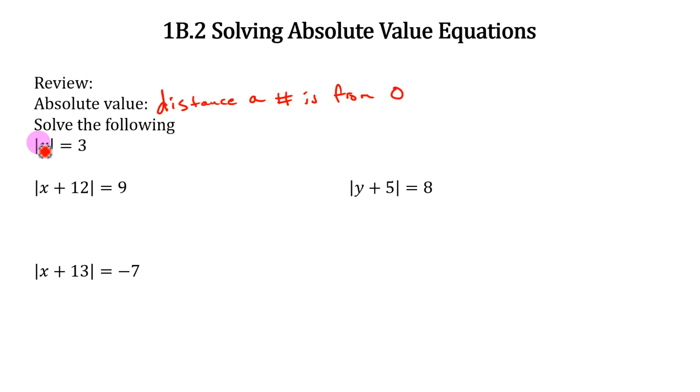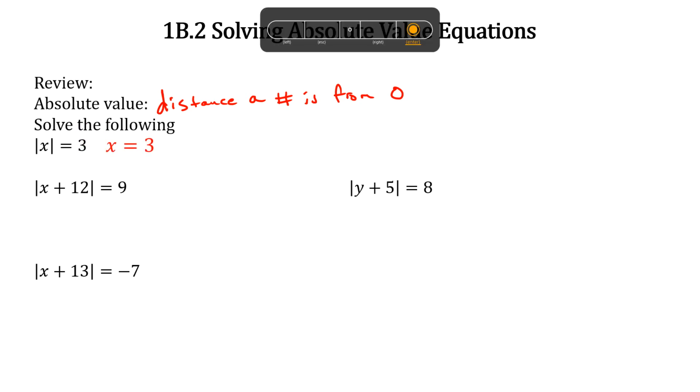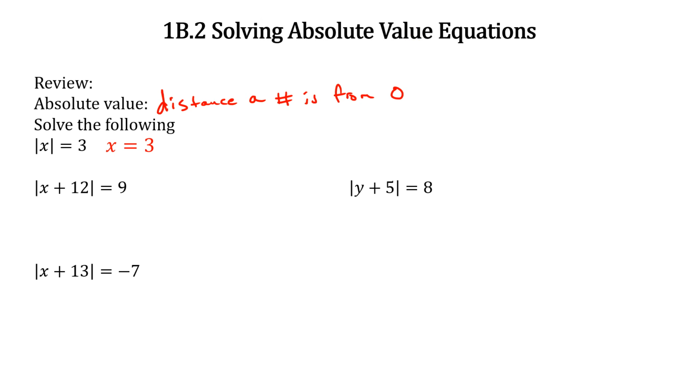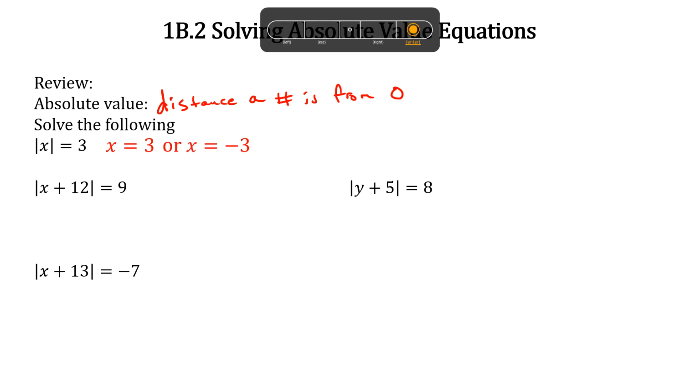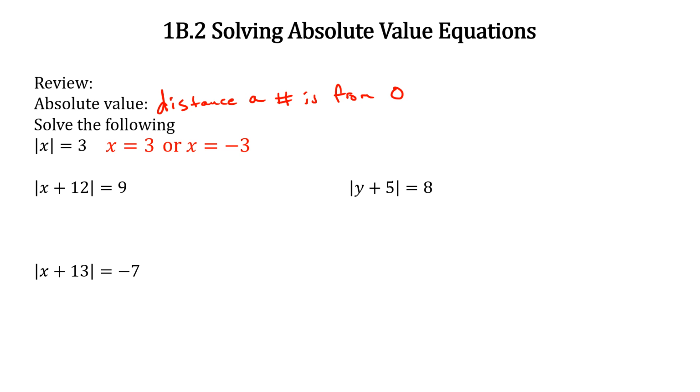So if the absolute value of x is 3, what number is 3 units away from 0? Well, of course, 3 is 3 units away from 0, but so is negative 3. So whatever's inside the absolute value is just a number, and that number has to be 3 units away from 0. So that number has to be 3 or negative 3.